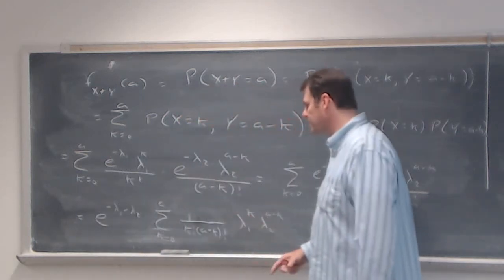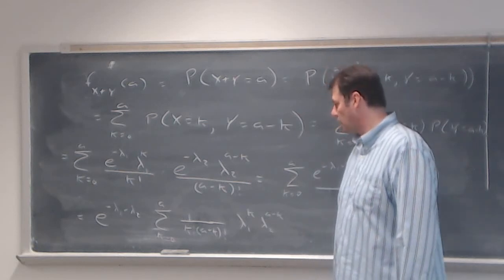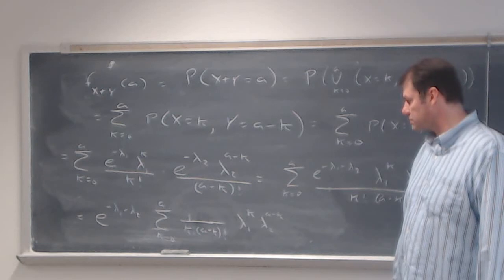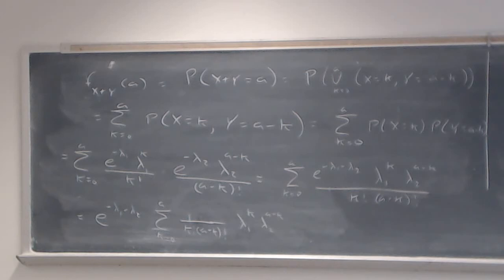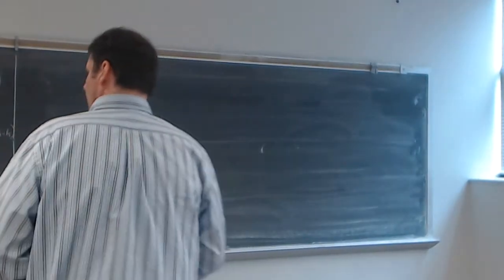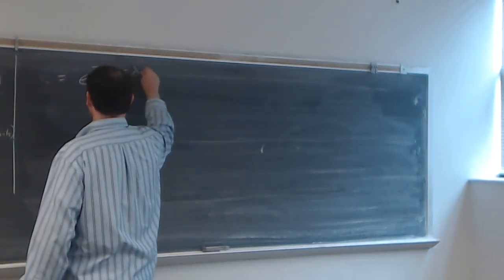Now this sum is very close to looking like a form where we could use the binomial theorem. So that's what I want to work towards. So here I'll say, well, that's equal to e to the minus lambda 1 minus lambda 2.